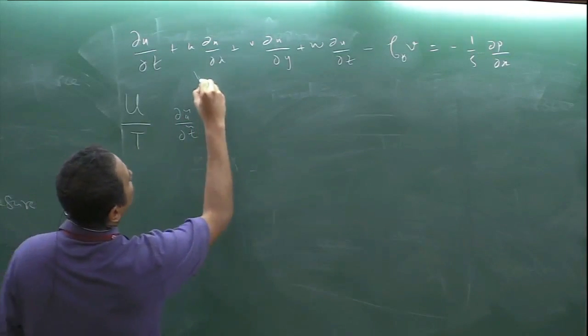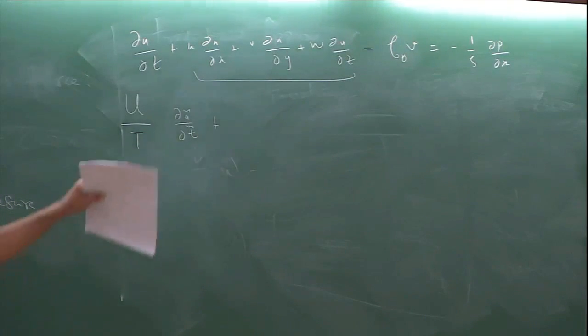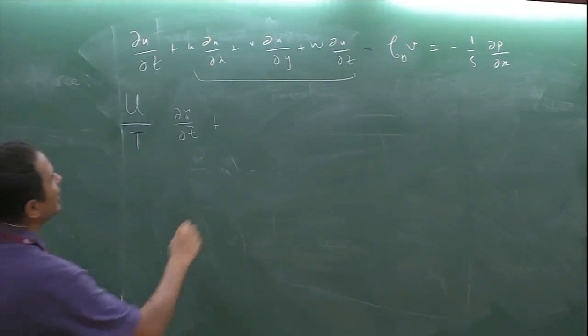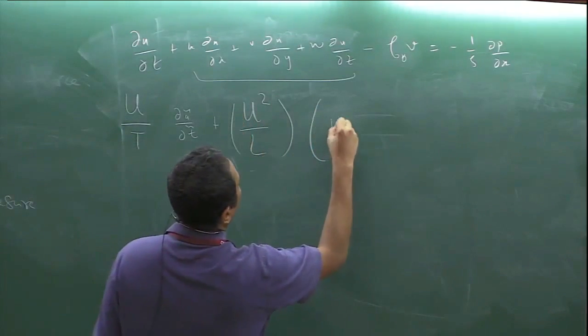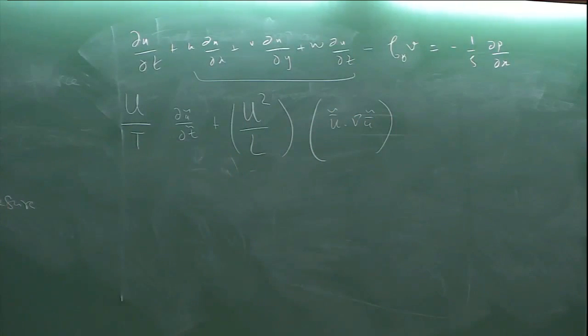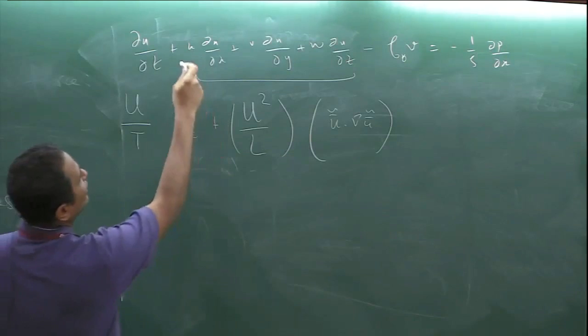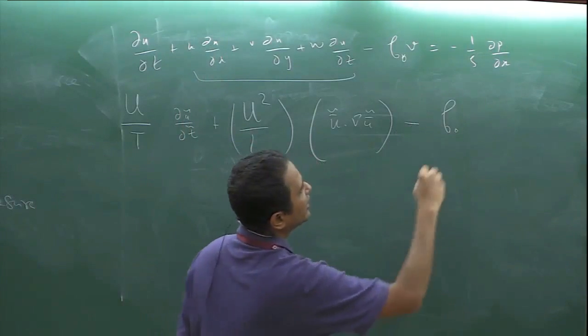Plus, all of these are going to scale in the same way because we are assuming u, v, w, x, y, z to be the same thing. You can choose them to be different. For the time being, we'll keep them to be the same. So this is just u dot grad u in non-dimensional form. They'll all have a U squared by L associated with them. What about this guy? Well, f naught is just a number.